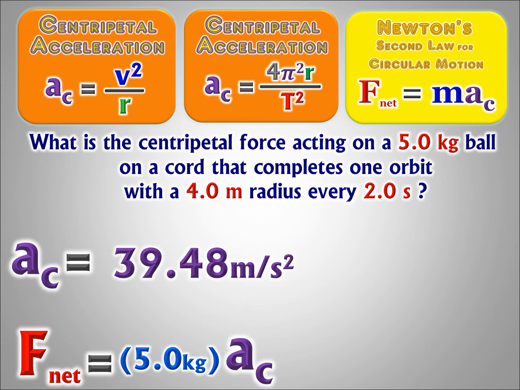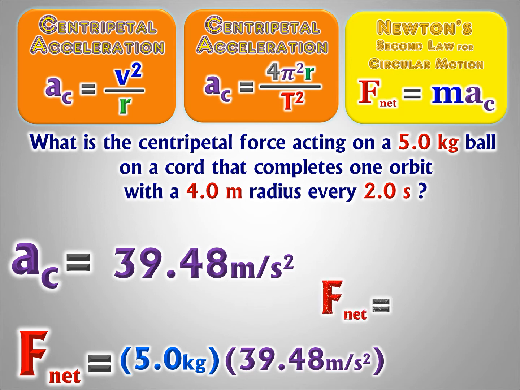And what's the centripetal acceleration? Isn't that what we just solved for just now? It's the number above. So let's put that in. And if we just multiply those two numbers together, boom, we will solve for our net force, which is our centripetal force. So let's see. 39.48 times 5. Oh, isn't it funny? We just got that by dividing by 4. Now we're multiplying by 5.